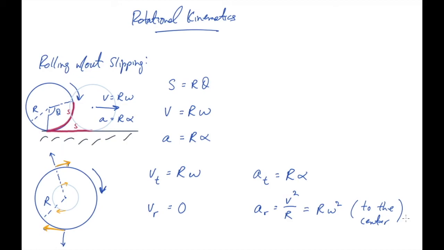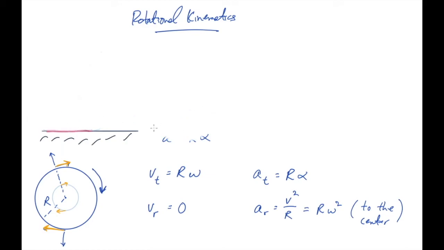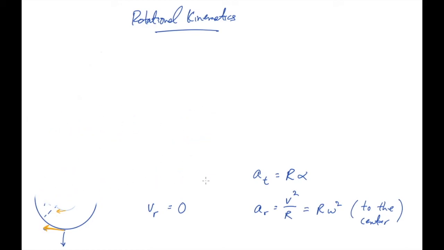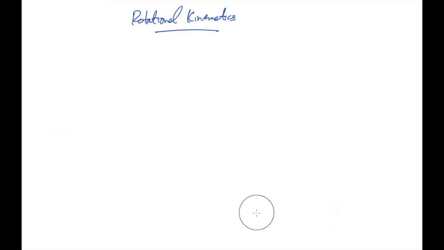Those are the expressions that relate rotational motion to translational motion. We have the case of rolling without slipping, and then we have the tangential and radial components of velocity and acceleration. Let's look next at the 4 rotational kinematic equations. I'm going to erase this, and I'm going to write down the kinematic equations that we had for translational motion. And then we'll talk about the same things for rotational motion.